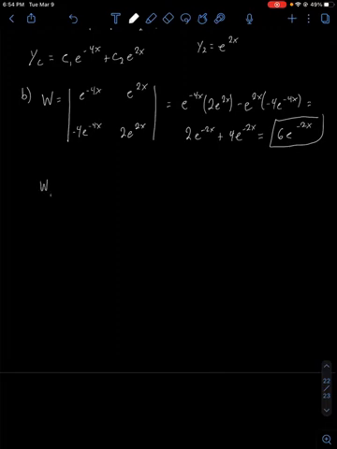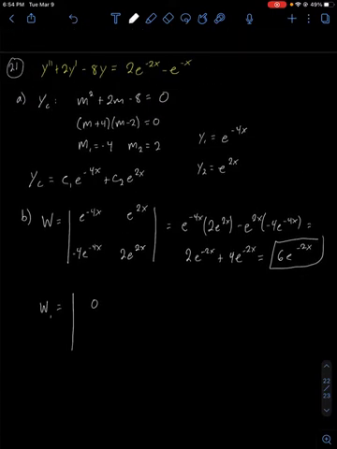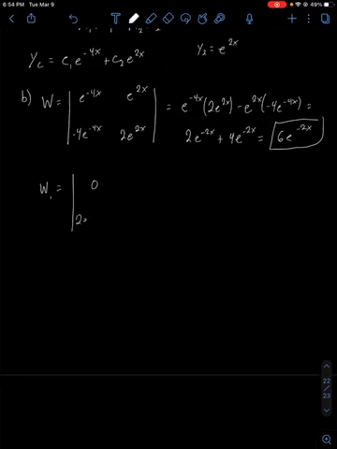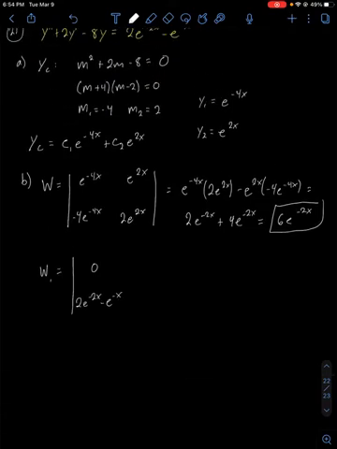Next we find the Wronskian 1, and for the Wronskian 1, you replace the first column with 0 and f of x, where f of x equals the right hand side of the given differential equation, which is 2e to the minus 2x minus e to the minus x.